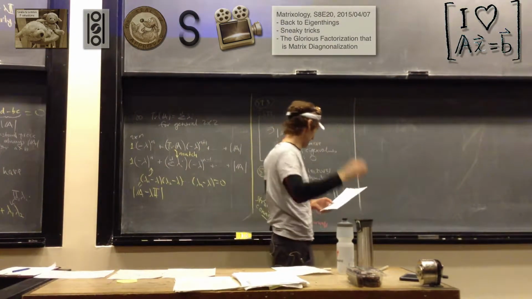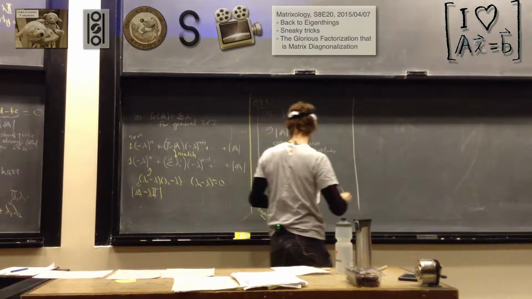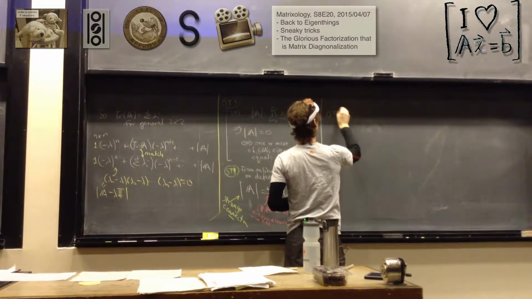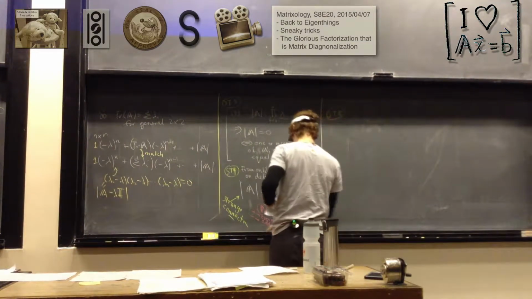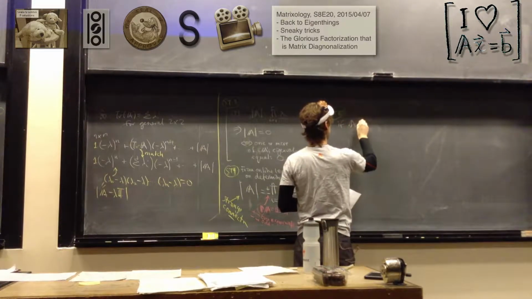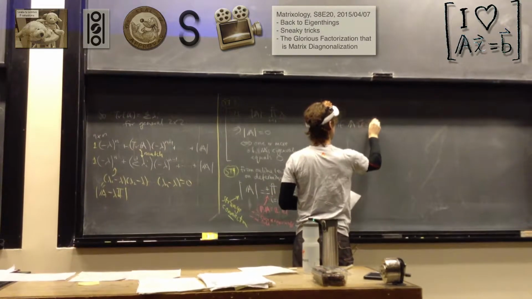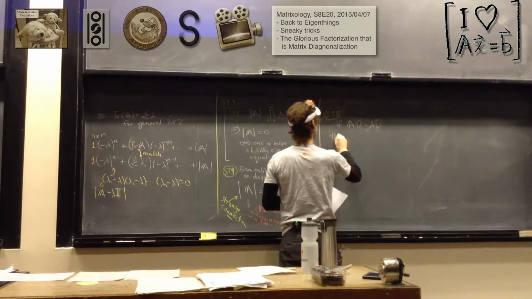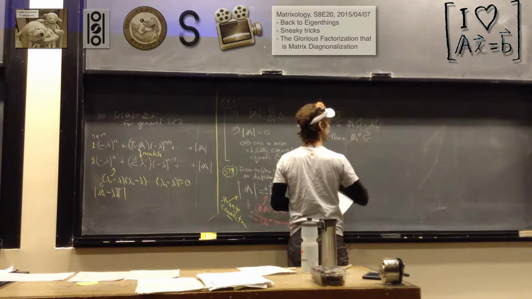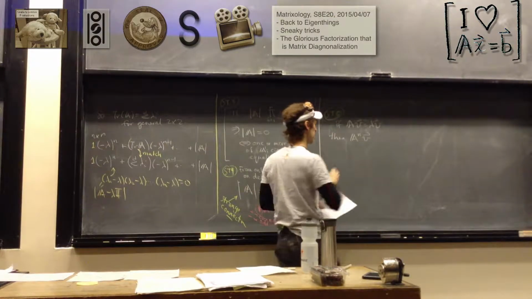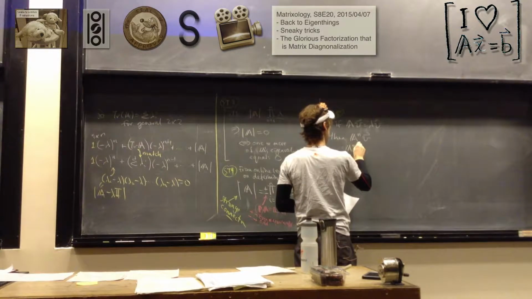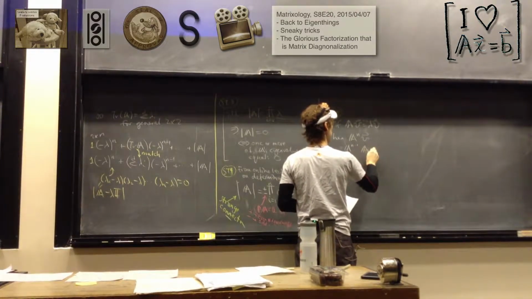Okay, I'm going to list these because you already have them from your problem set 5. So if this is true, AV equals lambda V, that's the basis, right? Then A to the power of n times V, we can replace each one of these. A^(n-1) times AV.